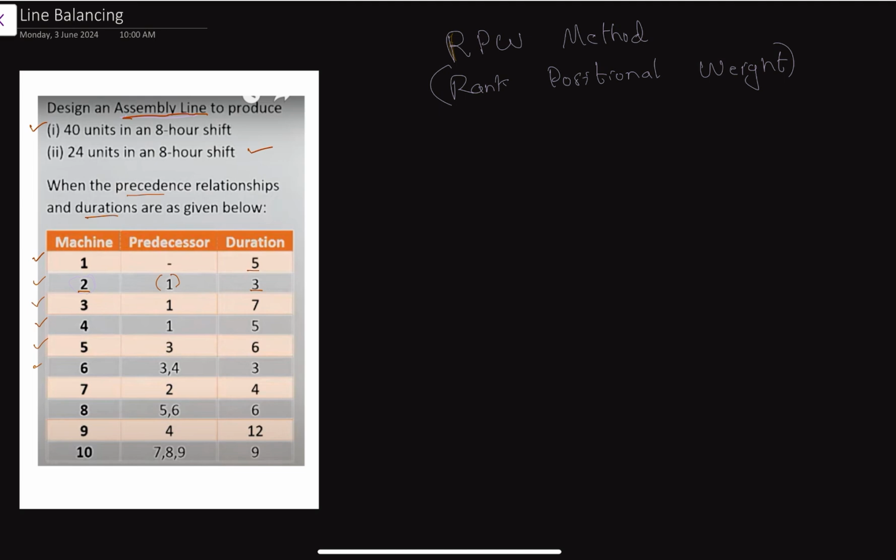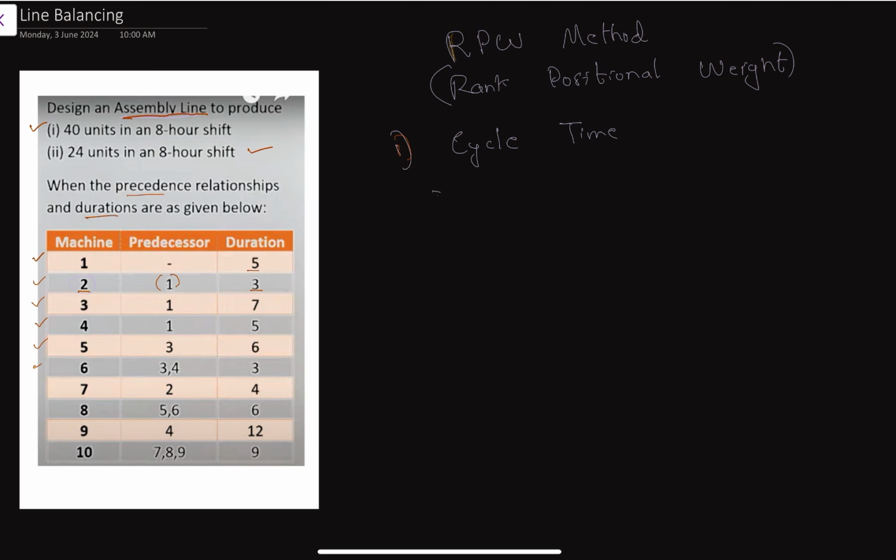For this problem, the RPW method consists of 5 steps. In the first step, we will find the cycle time. How will you find the cycle time?